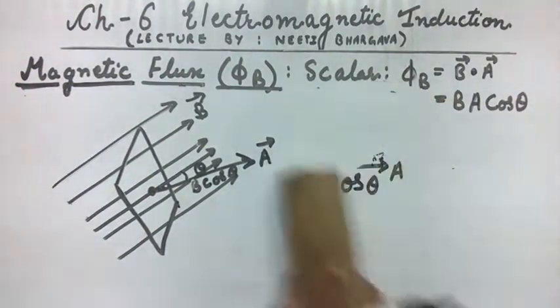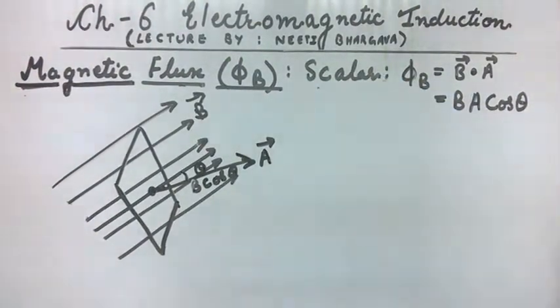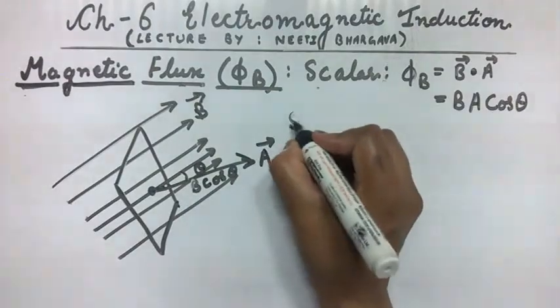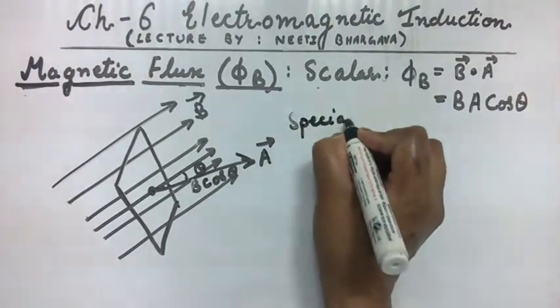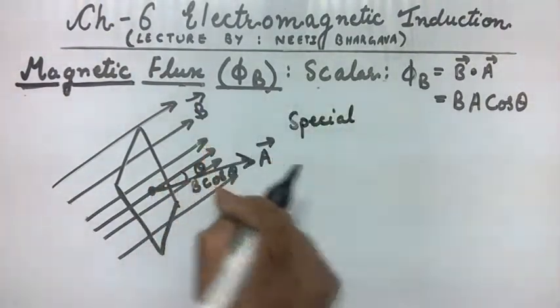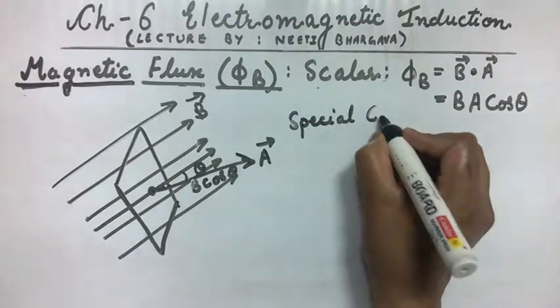Now some special cases. First is if area is placed parallel to magnetic field, uniform magnetic field.